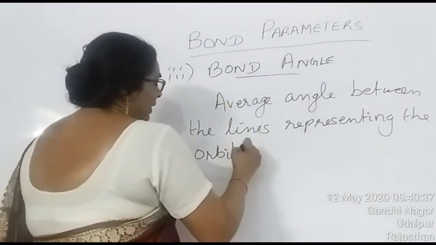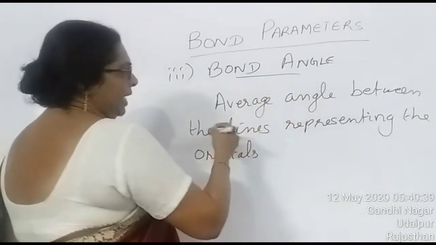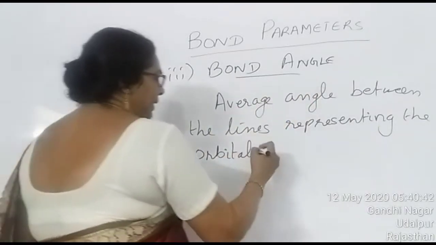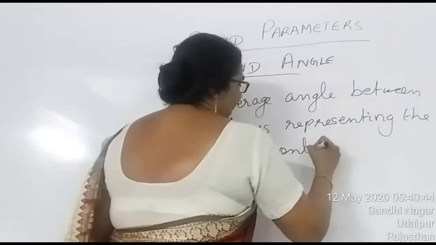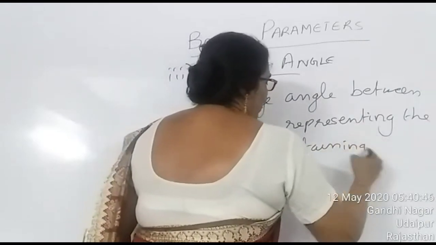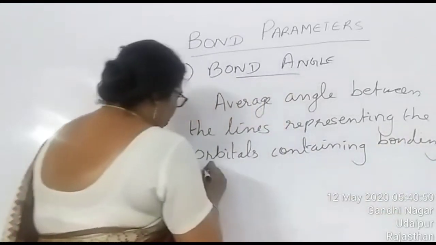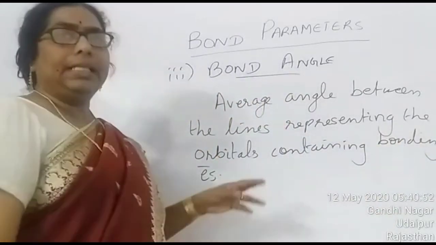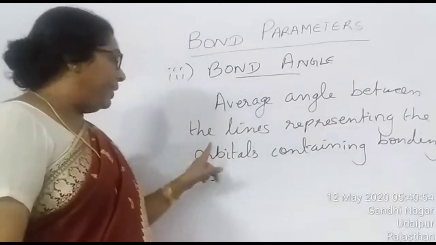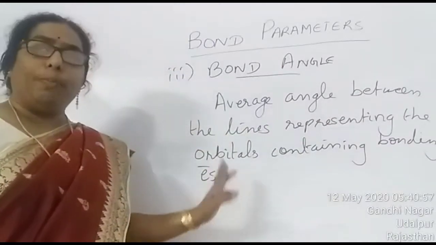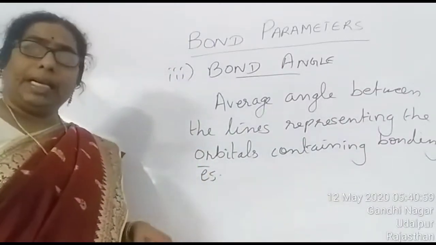Is it clear? It is defined as the average angle between the lines representing the orbitals containing bonding electrons. That is the definition for bond angle.